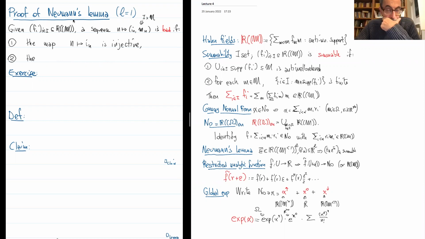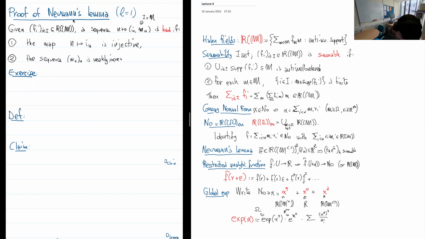So the sequence Mn is weakly increasing, and Mn is in the support of f_In. Yeah, otherwise it doesn't say anything.